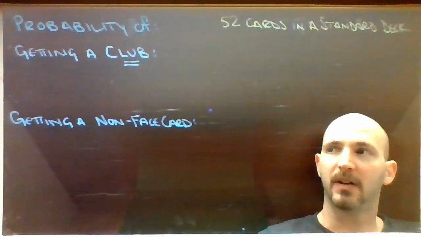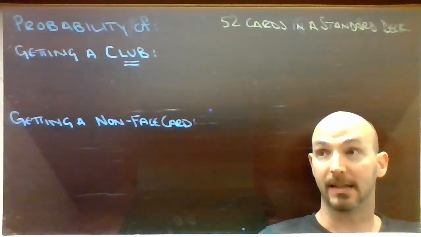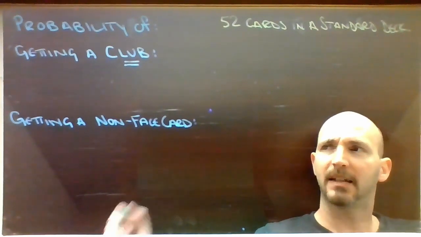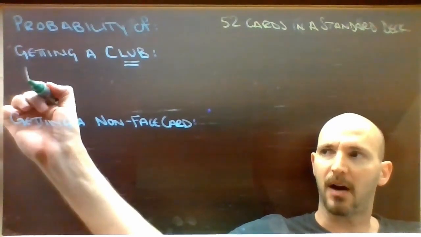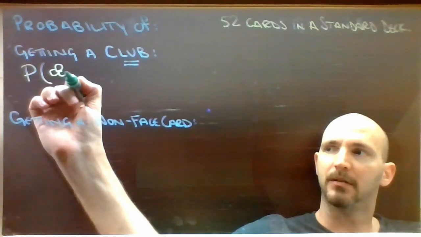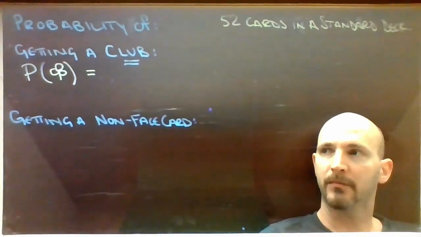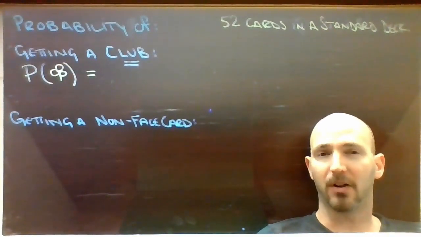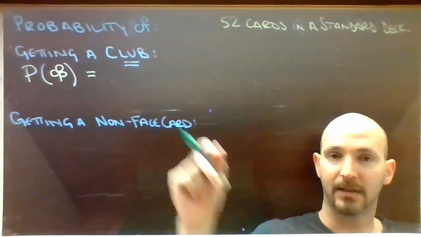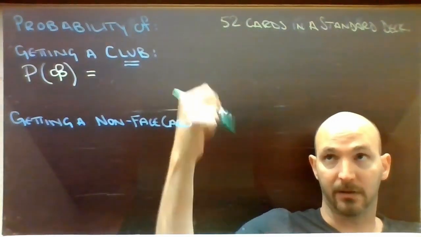So to start off, I want to know the probability of getting a club, or more appropriately known as the suit of destiny. So if we were to do a probability of getting a club, I would write that this way. The probability of getting clubs is... Now when you do a basic probability, all you're doing is counting the number of ways that happen like this out of the number of ways it could turn up in general.